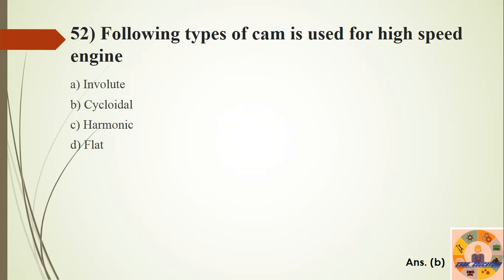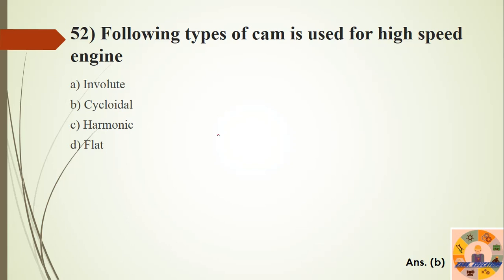Next question is, the following type of cam is used for high speed engine, and the options are option A, involute, option B, cycloidal, option C, harmonic, or option D, flat.